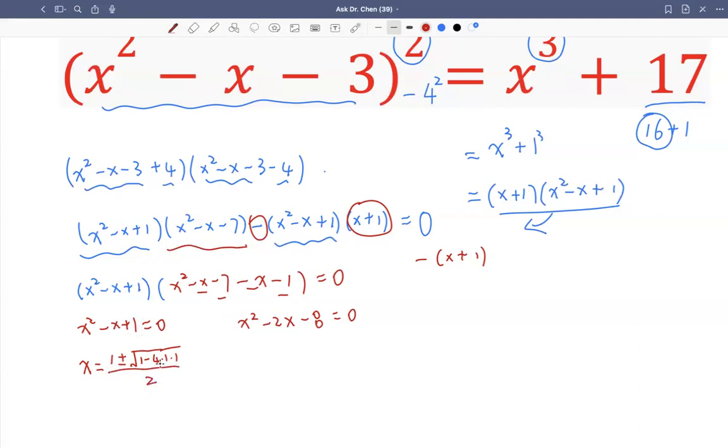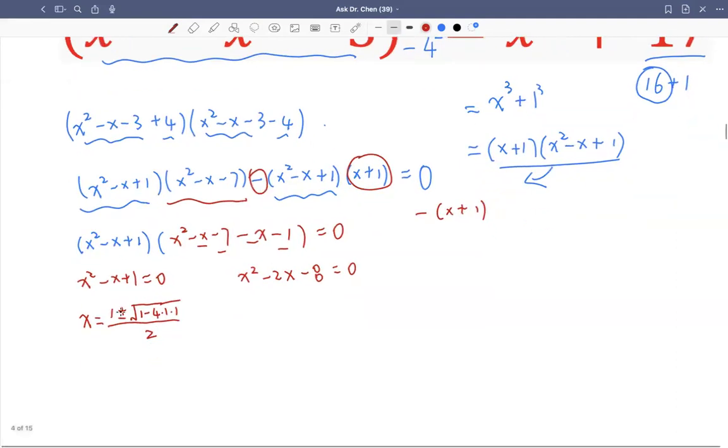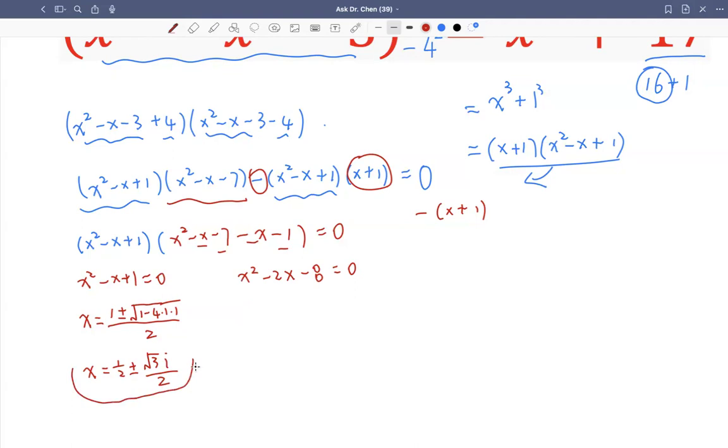Then divided by 2. Simplify this, we'll get x equals half plus or minus. The radical is 1 minus 4, which is negative 3. So we see that's an imaginary number, right? So we got 2 complex solutions from this equation.